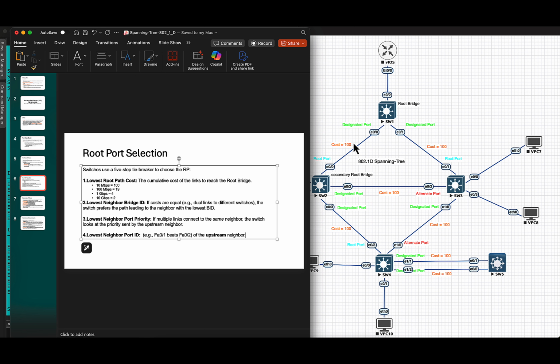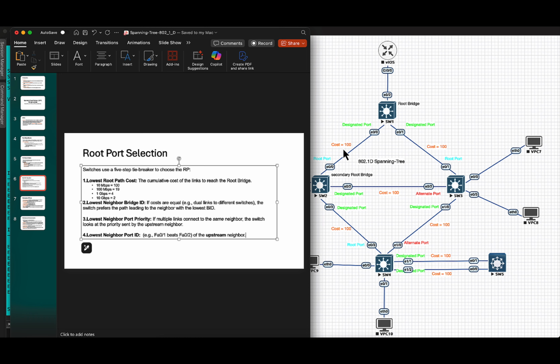As you can see, I have the cost of a link, 100. The 100 came from the speed of that link, which is 10 megabit per second. For 100 megabits a second, the cost is 19. 1 gigabit is 4, and then 10 gigabit is 2.